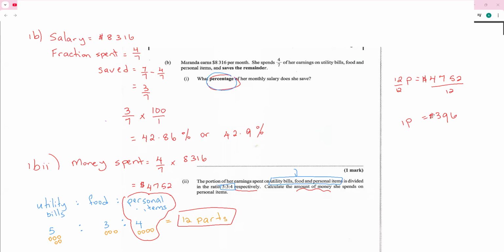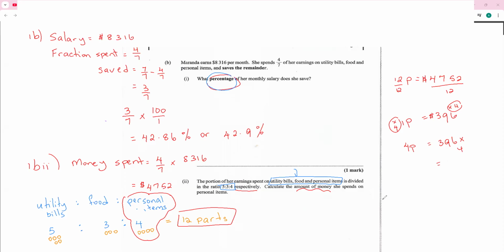So if I know that one part is $396, I could find for 4 parts. Whatever I did to one to make it 4, I also do it to the right-hand side. So in order to find for 4 of those equal shares, it will be 396 times 4.